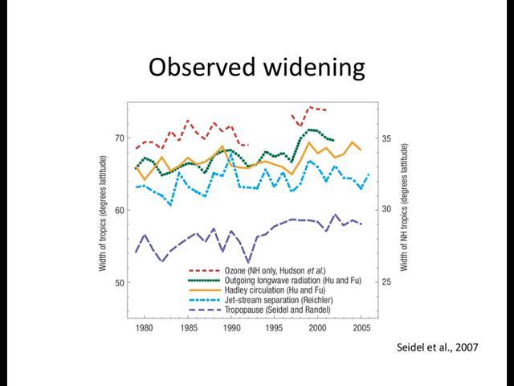They noticed that the boundary between the lower-ozone tropics and the higher-ozone extratropics had moved poleward in recent decades. This sparked a flurry of activity using a variety of tools and data sets, most of which confirmed that the circulation, chemistry or radiation patterns were indeed shifting poleward, but at rates differing by an order of magnitude. And Dian Seidel summarized these neatly in this figure from her seminal 2007 paper.